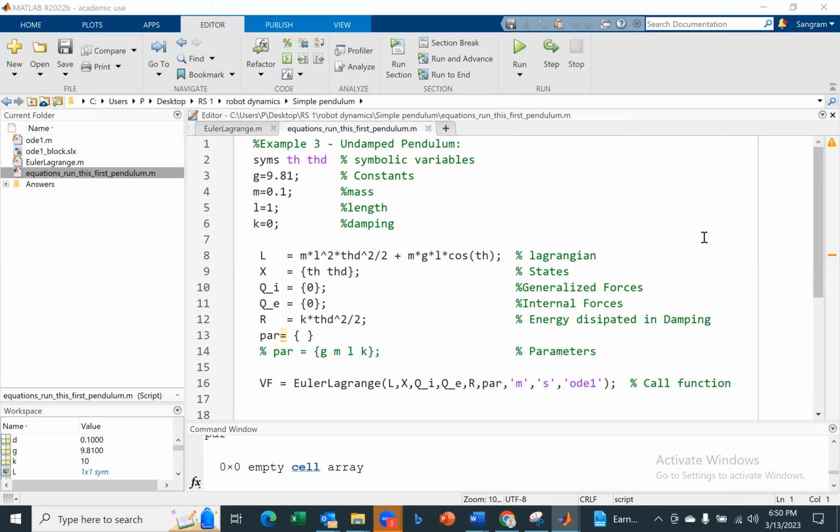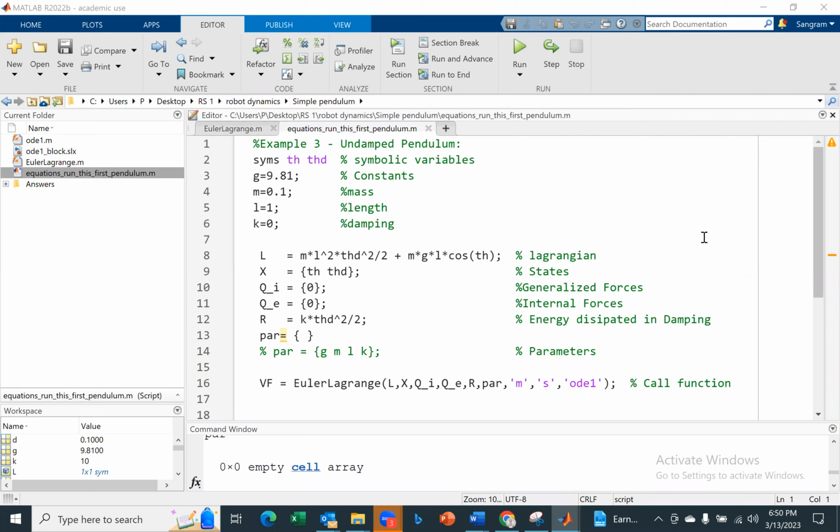Can I erase this? Online students, I'm going to erase this and then just write down the pendulum equation. Basically, this is the pendulum.